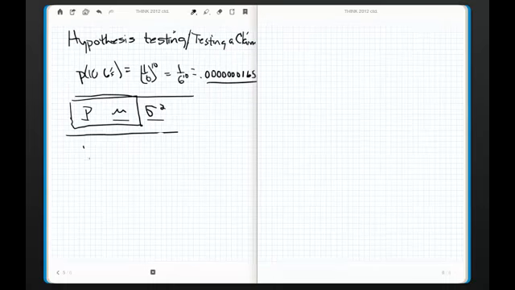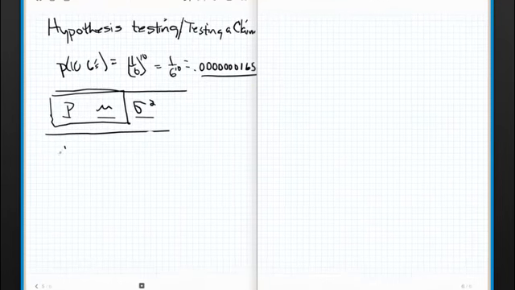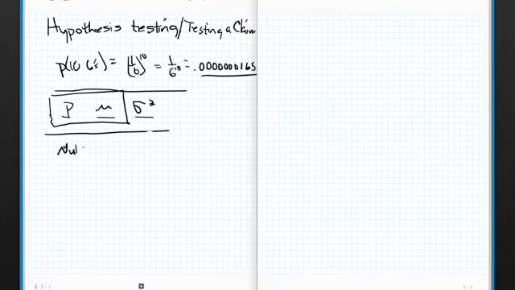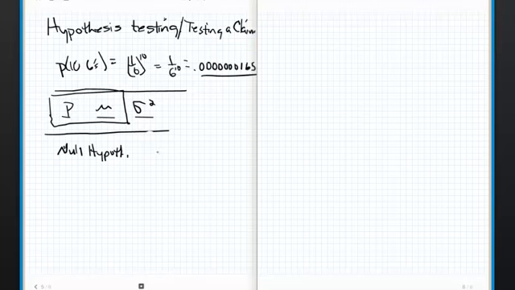So the first thing that we need to be able to do if we're going to test hypotheses is learn how to write hypotheses. Okay, so we got to learn what that entails. Now, there are two kinds of hypotheses. There's the null hypothesis, which is written as H sub 0, because we're mathematicians, so we're lazy and we need shorthand.